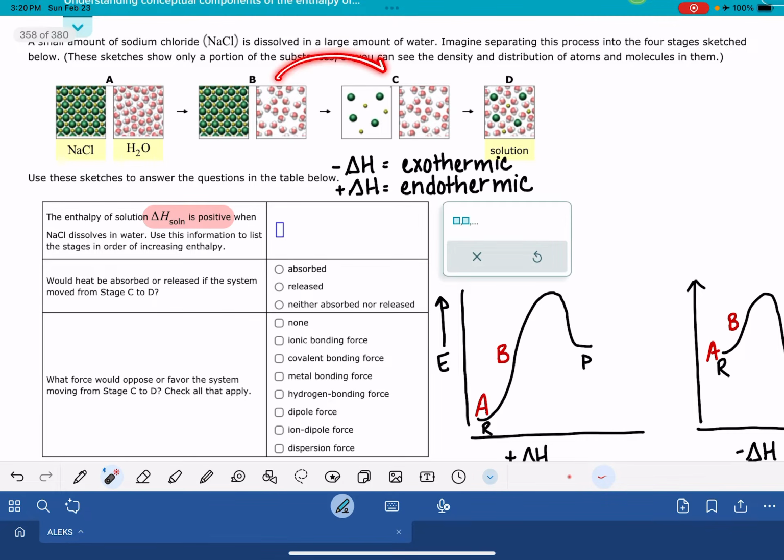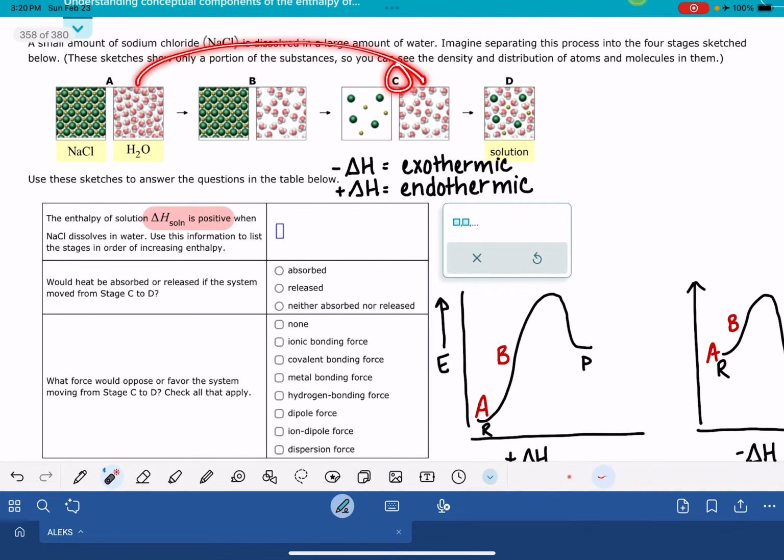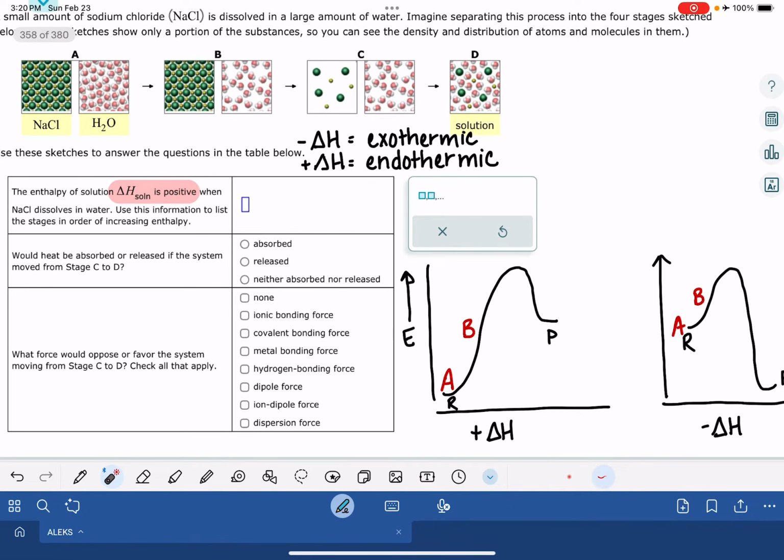Now, going from stage B to stage C, you're going to see that the other substance is being ripped apart. And so by the time we get to stage C, our solvent has been ripped apart and our solute has also been ripped apart. Maybe not always in that same order, but either way, they're all being ripped apart. So again, ripping apart our solute compounds is going to require breaking intermolecular forces and an increase in energy, and we're just moving up this energy diagram.